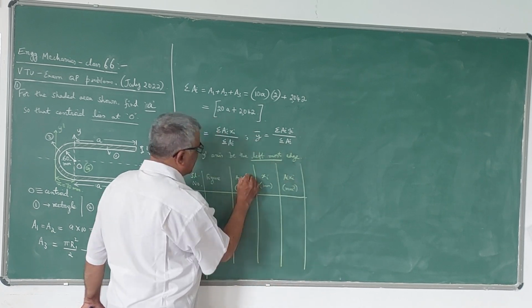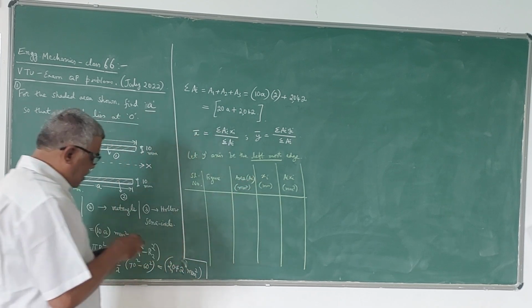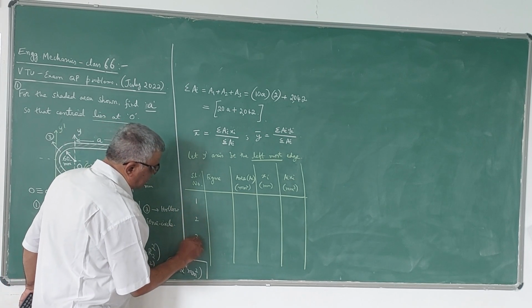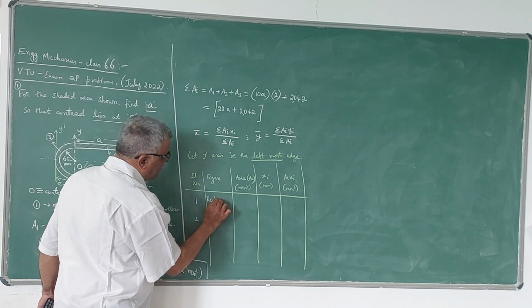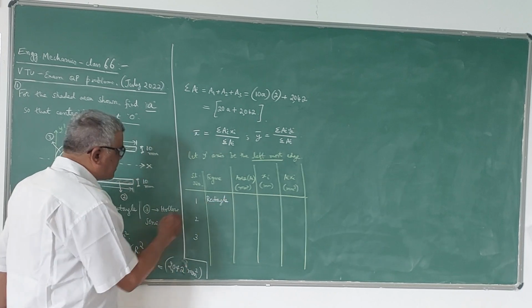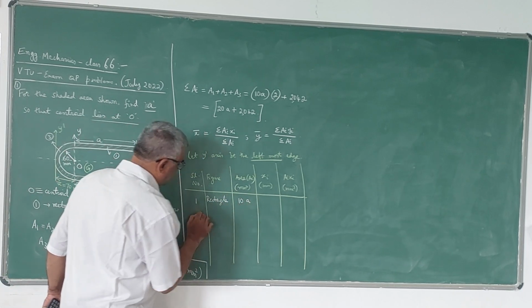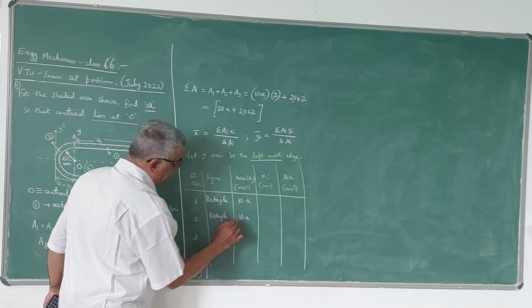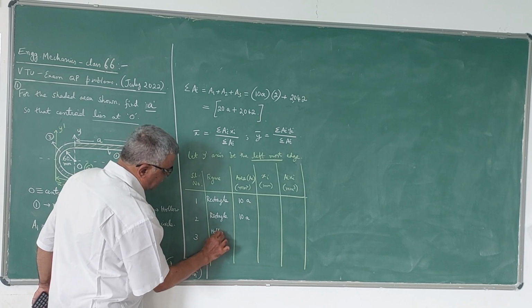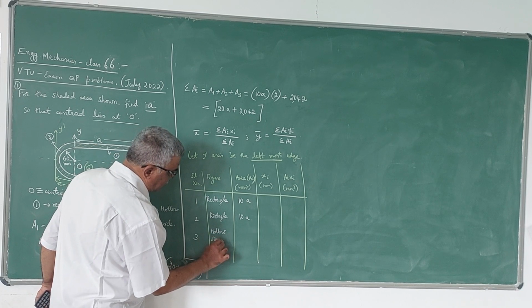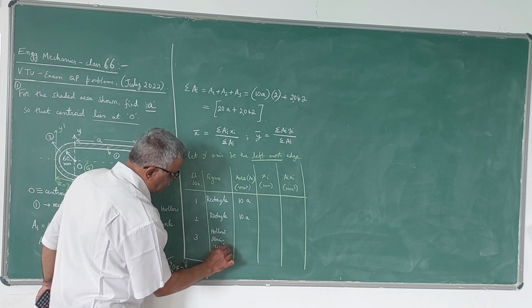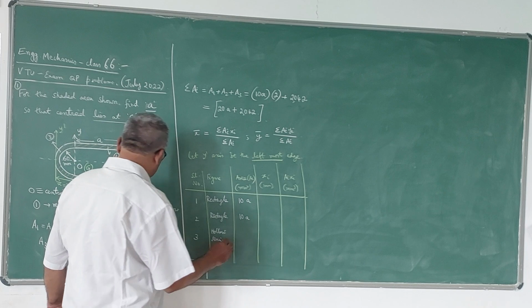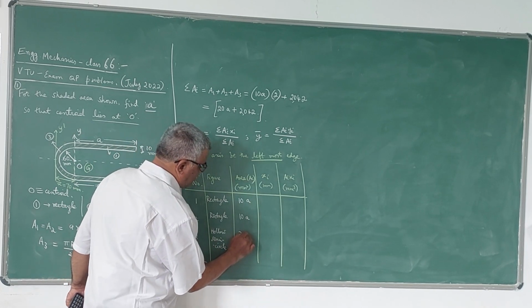So actually this is area. Already we have got the areas here, A1, A2, A3, which I call 1, 2, 3. One is a rectangle whose area is 10 times A. 2 is also a rectangle whose area is 10 times A. 3 is a hollow semicircle whose area is 2042.